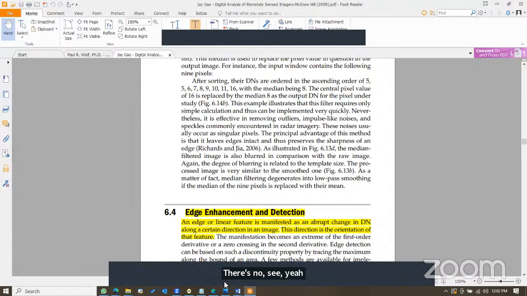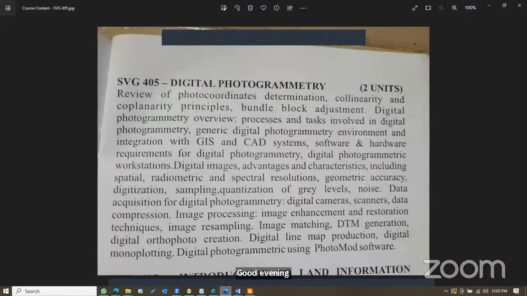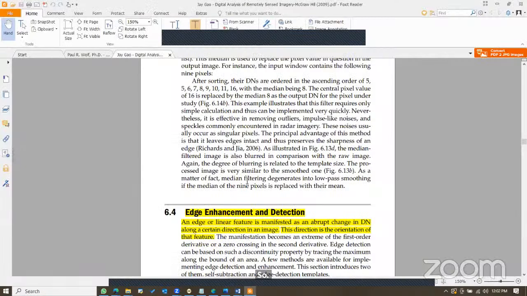If I use this as my 60%, that means they're not supposed to write the exam at all. Yes or no? If I'm to use this one as my 60%, are you supposed to write the exam? No, they're not supposed to write it.